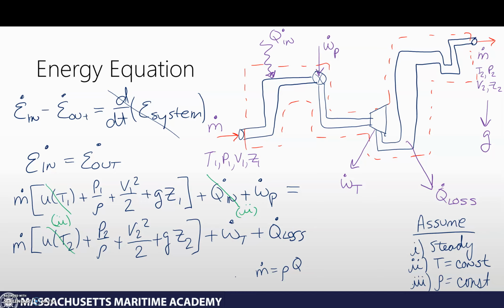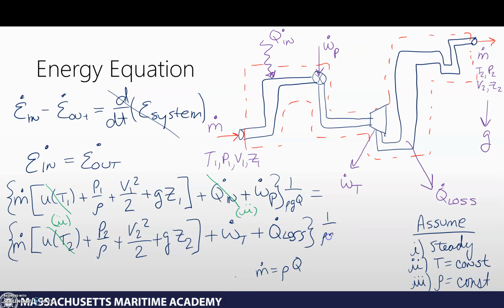So what I want to do on both of these sides is I'm going to take each side of the equation, and I'm going to make a little room there. I'm going to multiply through by 1 over rho g Q. And I'm going to do that to this other side too.